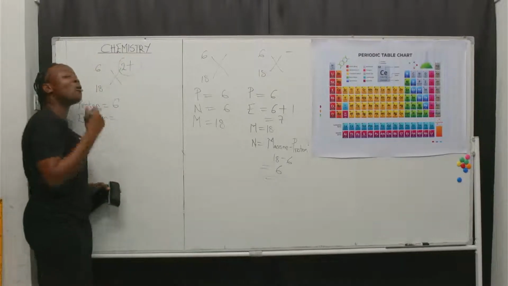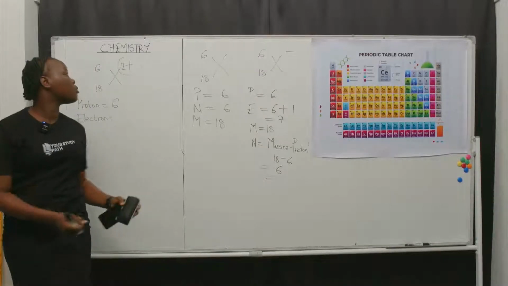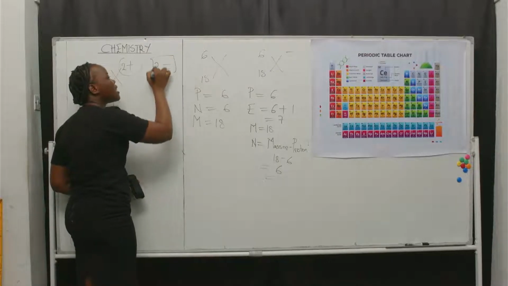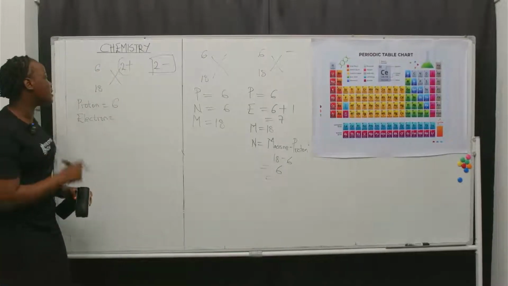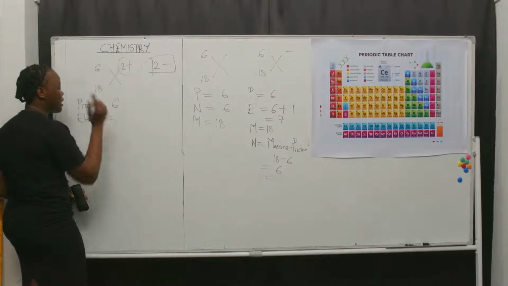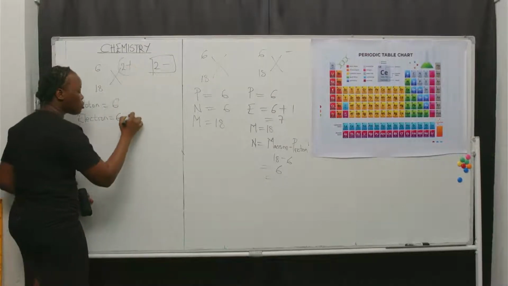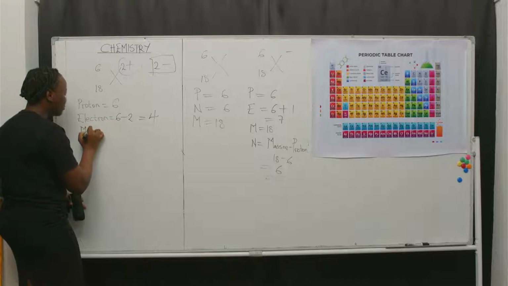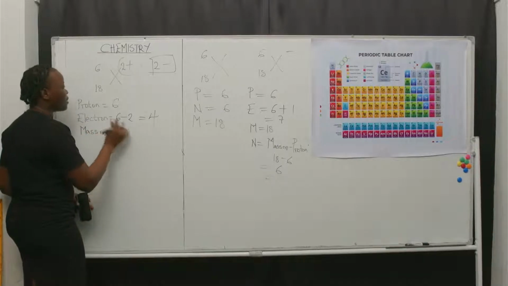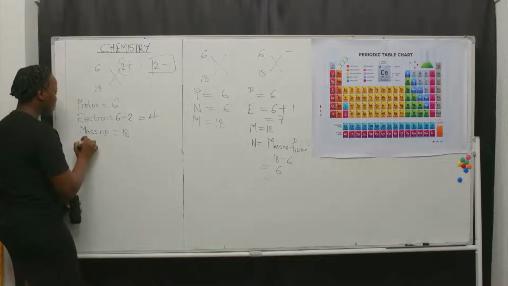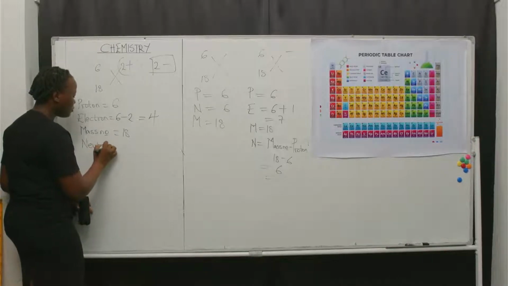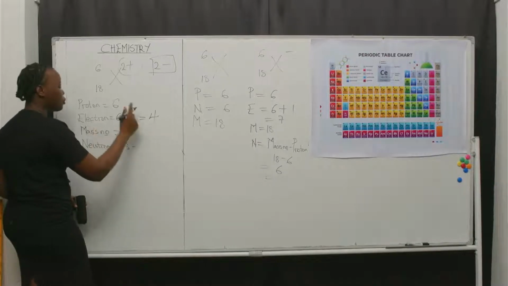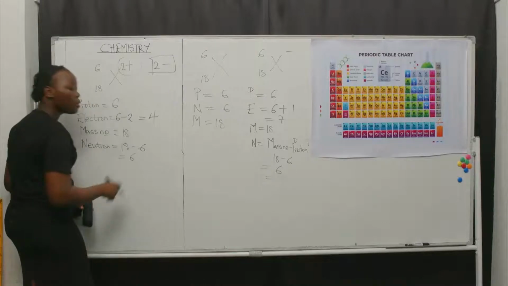This number shows the number of electrons it has given out. Here it is 2. But if it is 2 minus, that means it has received 2 electrons to itself. And so electron number would be 6 minus 2, because it's a cation, this would be 4. Mass number is still 18. Neutron is then 18, which is the mass number, minus the proton number, which is 6, which will give us 12.